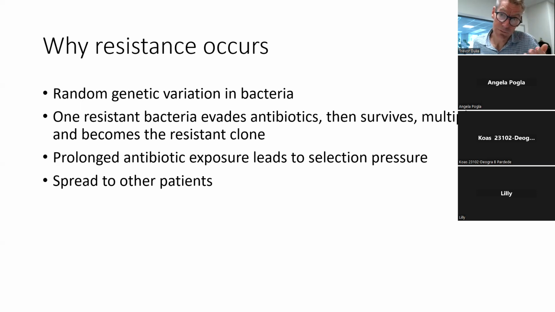For example, in the farming industry, in some farms, in some situations, antibiotics are fed to cattle or fed to animals, and those antibiotics stay within the system and they get into the soil, and that can lead to high levels of community exposure to antibiotics and can lead to selection pressure on bacteria that are in those communities. And that's one of the reasons why we have community-acquired MRSA, for example, because of the widespread availability of antibiotics within communities. And of course, in hospitals, they can spread to other patients.